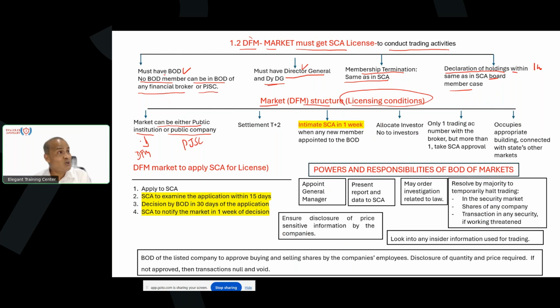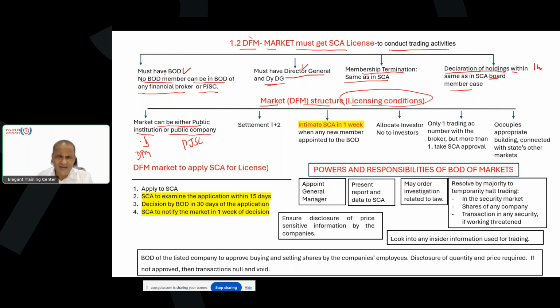From 2012 or 2011, it became a public company. So public institution means held by the government. Public company, so DFM is a public company like MR. So DFM shares are also available. You want to buy, you can buy DFM shares.